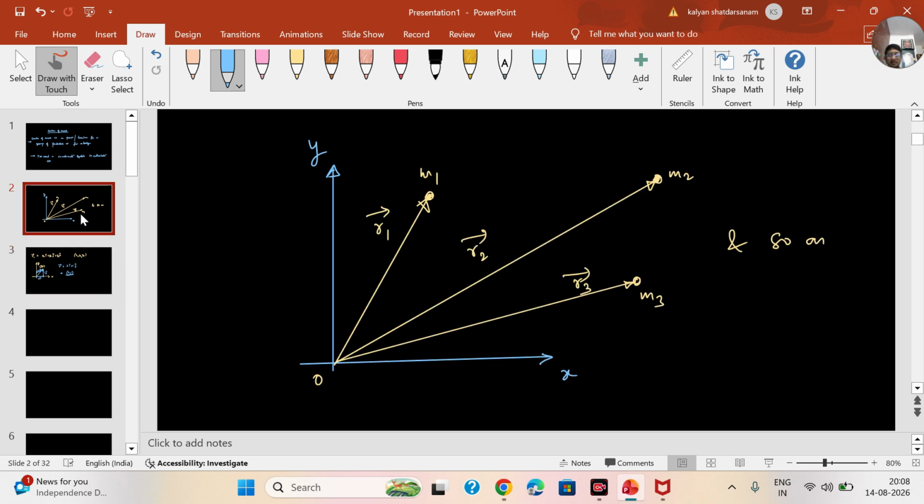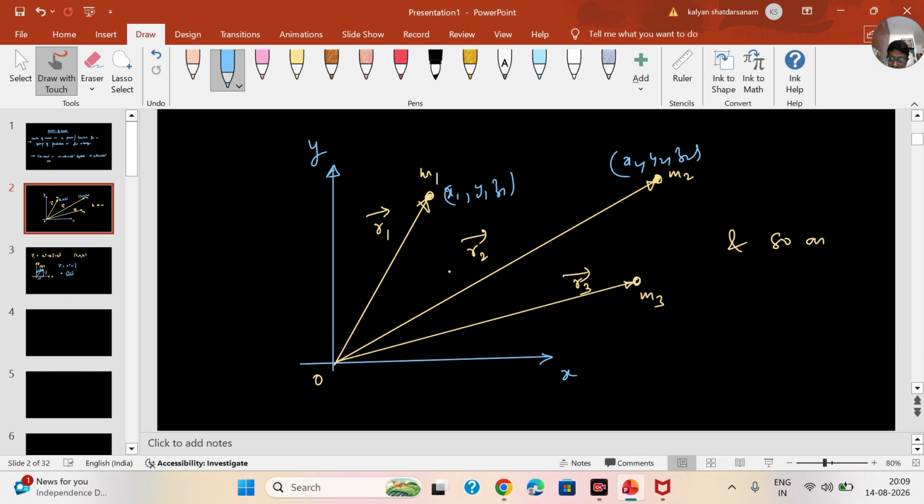Similarly here, if needed, I can write r1 as x1 i plus y1 j plus z1 k, r2 as x2 i plus y2 j plus z2 k, and so on. Or you can write x1, y1, z1 for this particle, x2, y2, z2 for this particle, and so on.